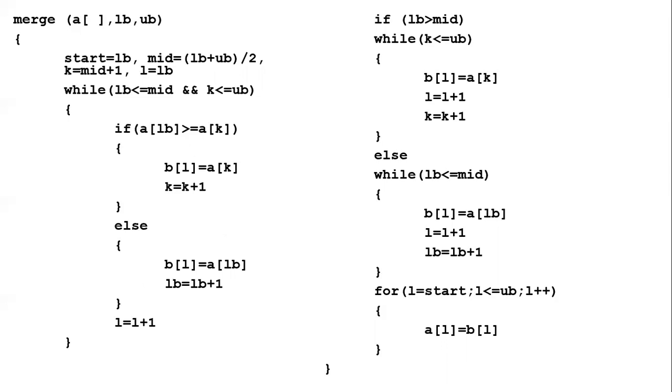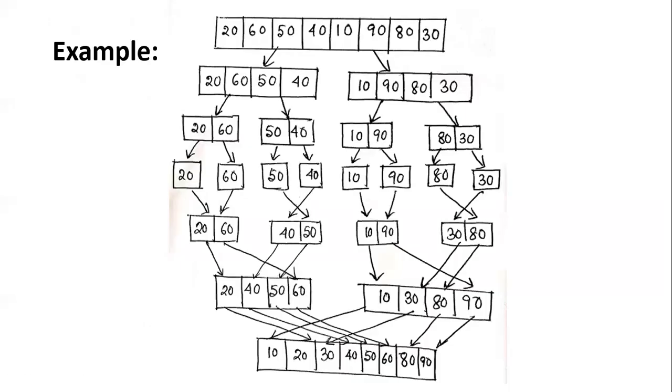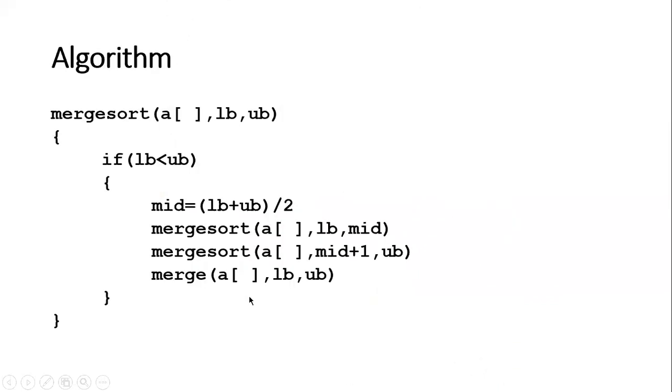The value of LB was 0 and it becomes 1. That means it points to 40. What is the position? 40's position is here. L becomes 1, so L points to 40. Now L equal to L plus 1, and L is 2.